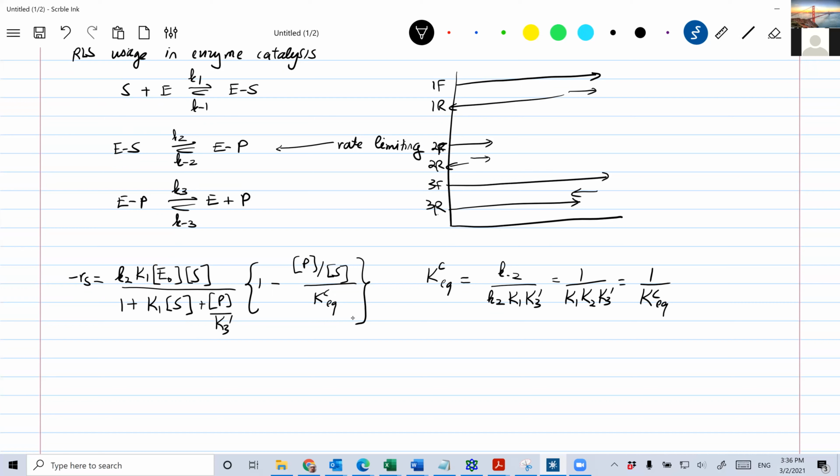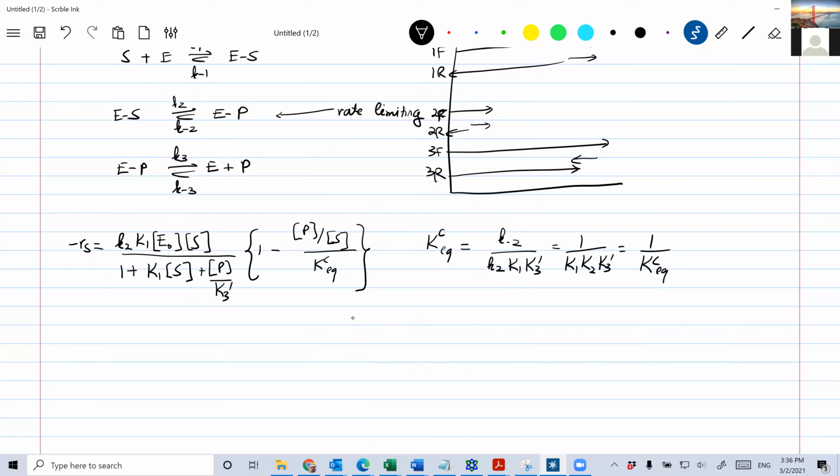This is from thermodynamics, saying that if you have three concentrations like this, they are in equilibrium with their equilibrium constants in other reactions.